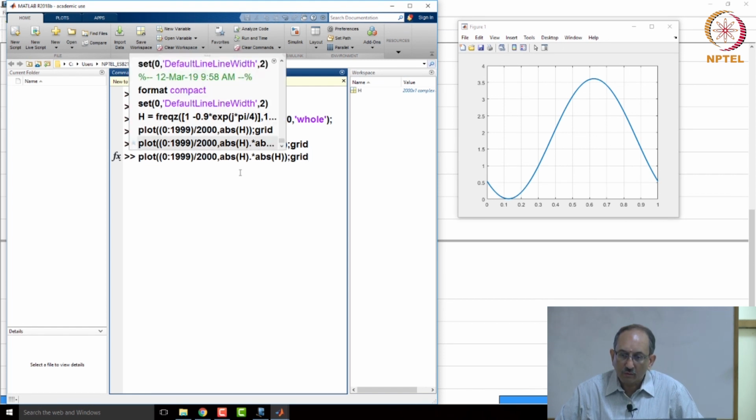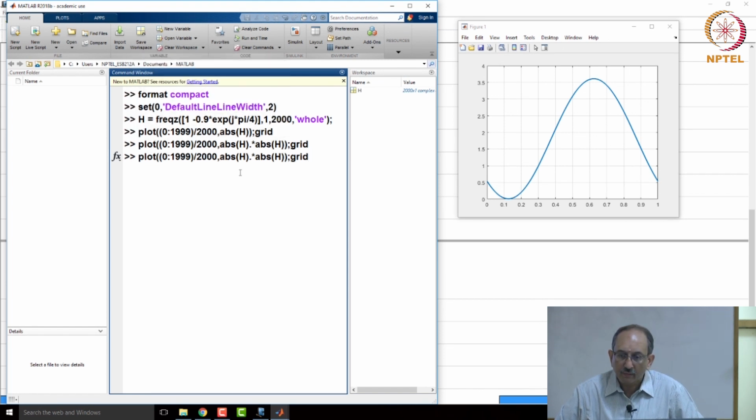Now what we really want is the log magnitude, and we plot 20 times log 10 of the magnitude response.